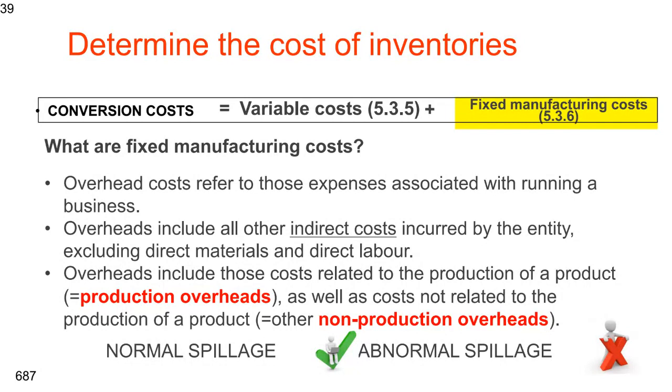What I'm trying to say is that we've got variable costs that actually change as manufacturing changes, and then we've got these fixed costs, right? These fixed costs do not change. They stay stagnant as we change the level of production. They stay the same as we change the level of production.